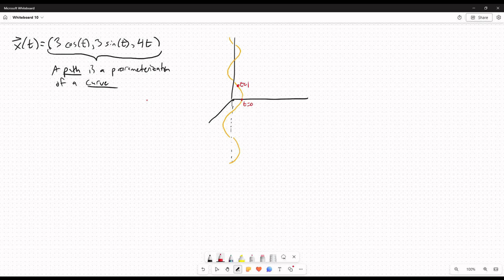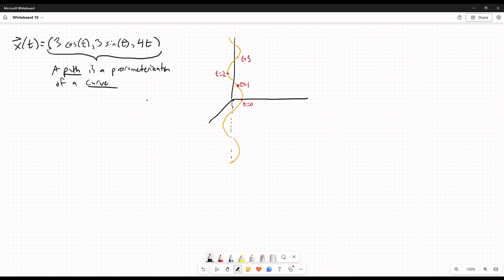And then maybe at around t equals 2, you're around here, etc. So over time, you're tracing out this curve with this point. And we could talk about a few basic features here.